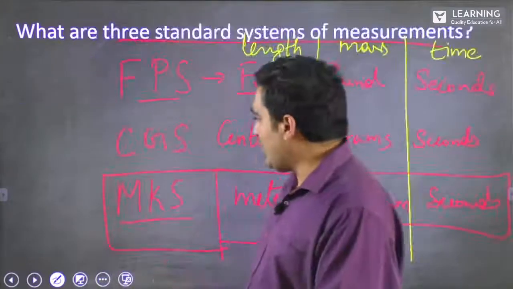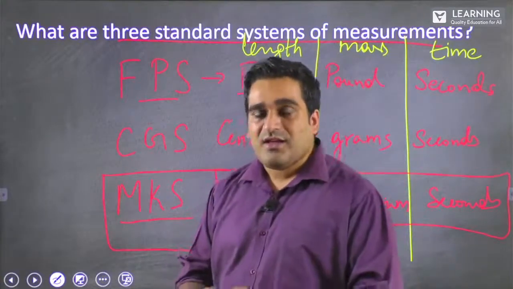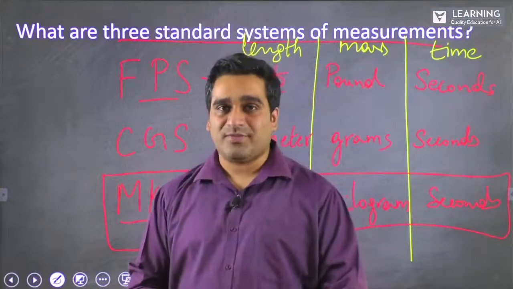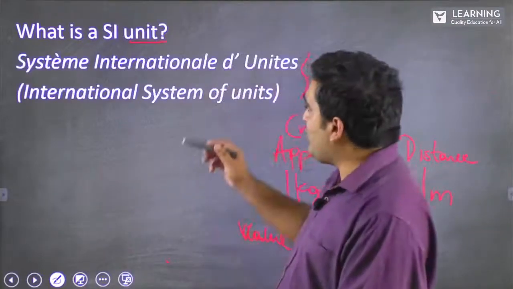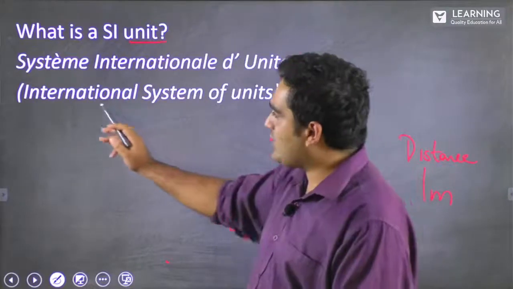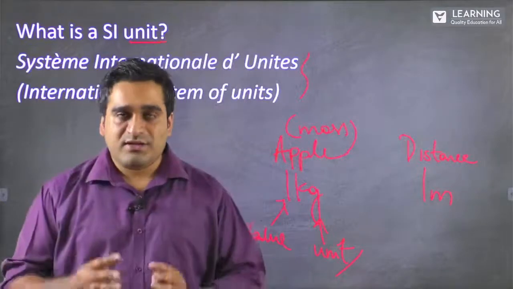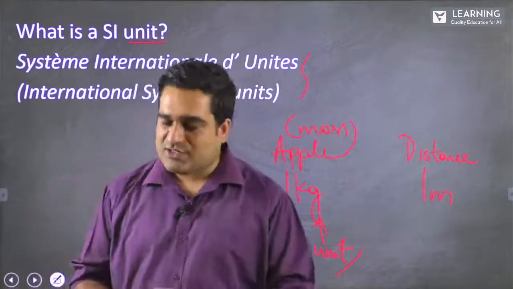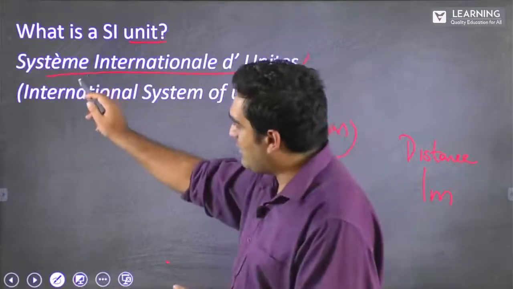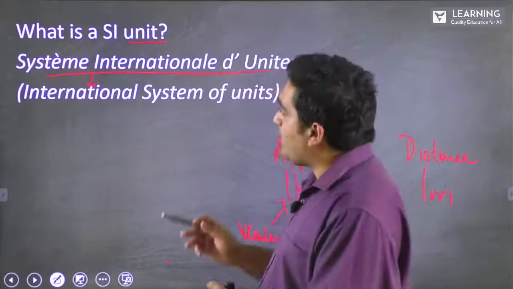Like in the previous case, we discussed that MKS is a standard unit. Now you may ask, who introduced this standard unit? Well, it is a community called the Système International, which translates from the French to International System of Units.